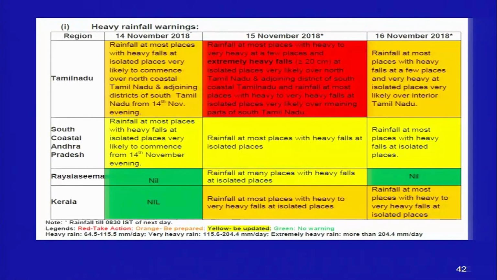Okay, it says in Tamil Nadu, rainfall at most places with heavy to very heavy, at a few places extremely heavy fall, greater than 20 centimeter at isolated places, very likely over North Tamil Nadu and adjoining districts of south coastal Tamil Nadu, and rainfall at most places with heavy to very heavy fall at isolated places, very likely over remaining parts of South Tamil Nadu.